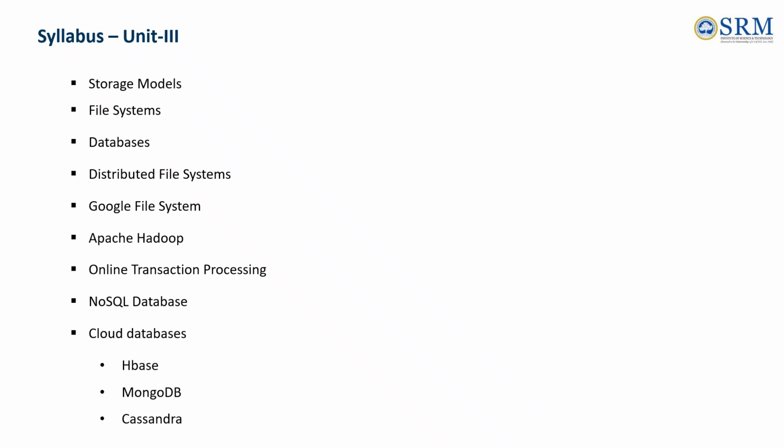Finally, we will explore modern NoSQL cloud databases like Apache HBase, MongoDB, and Apache Cassandra. Overall, this unit helps us understand how cloud platforms manage huge volumes of data with scalability, reliability, and high performance.